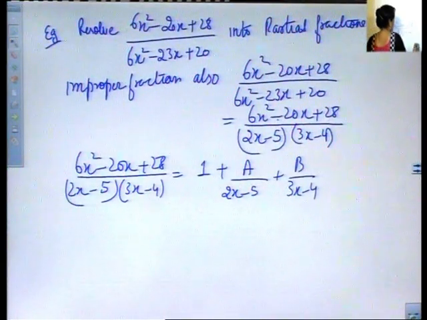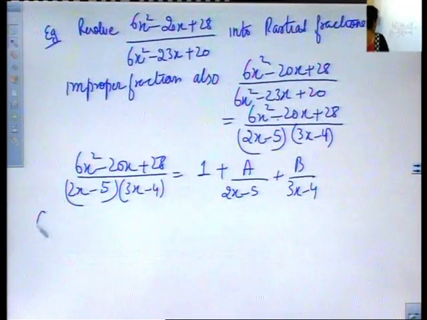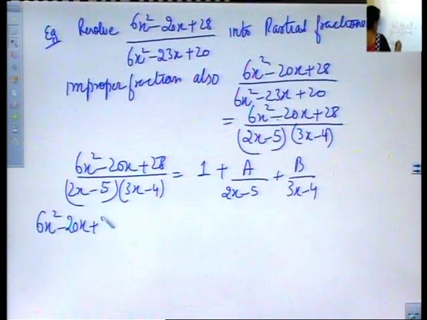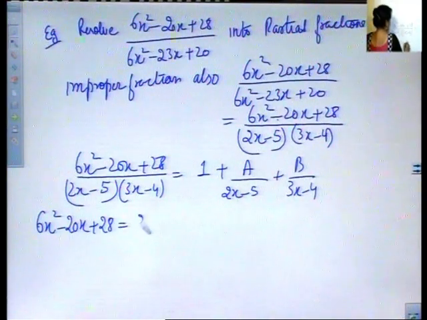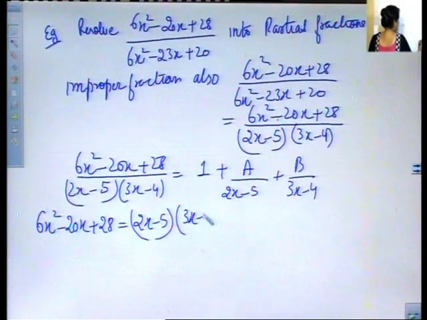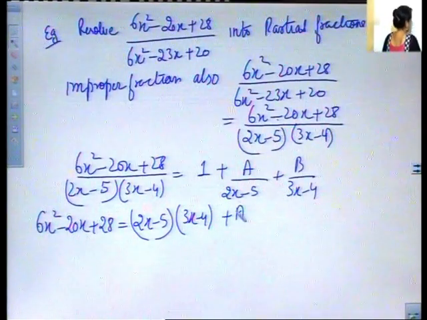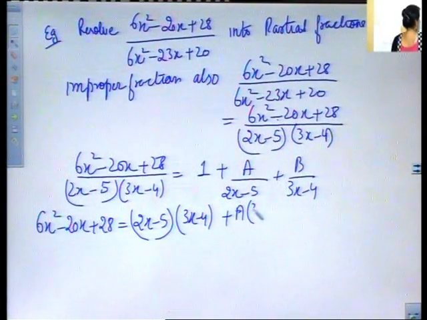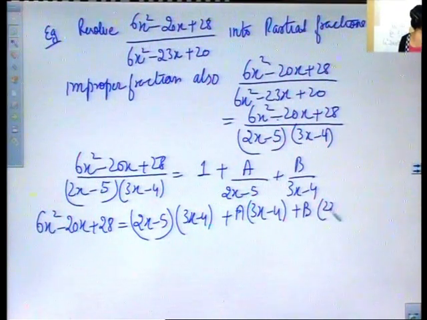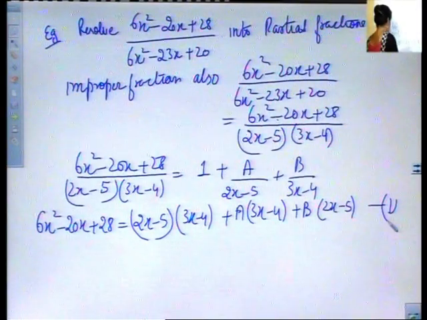Now, taking the LCM and cancelling the denominator in both the sides, we get 6x square minus 20x plus 28 is equal to 2x minus 5 into 3x minus 4, that is multiplying by this one, plus a into 3x minus 4 plus b into 2x minus 5, let this be number 1.